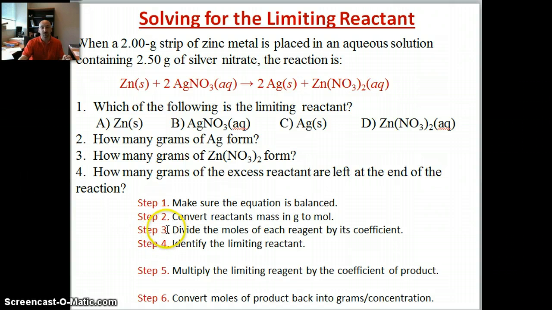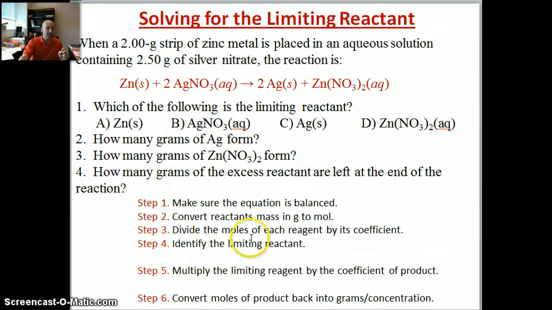Step 3 is our theoretical value, what we should actually need in order for this reaction to proceed and use up all the reagents. Step 2 is what we actually have and are starting with. This will allow you to determine which reagent is limiting, and thus you can identify the limiting reactant.